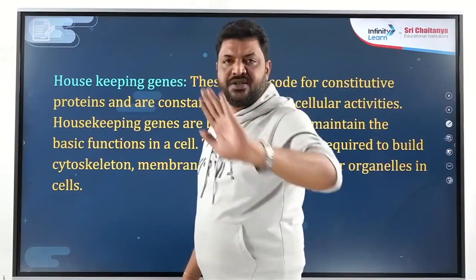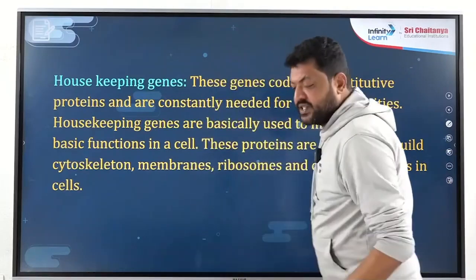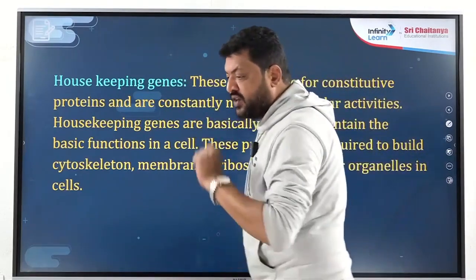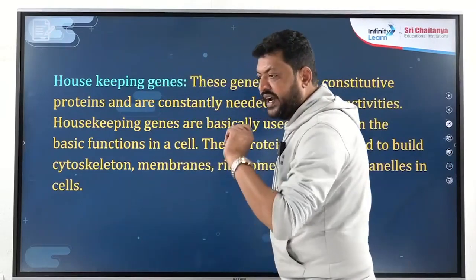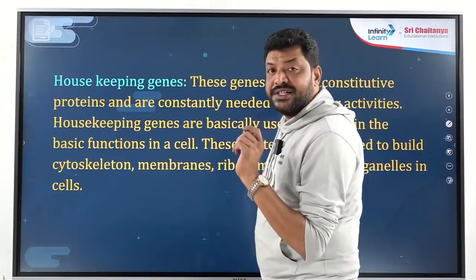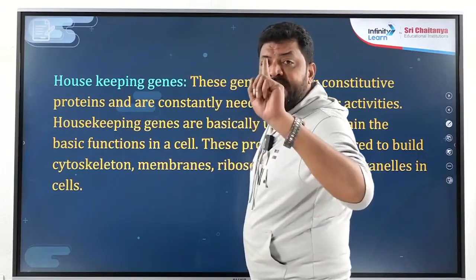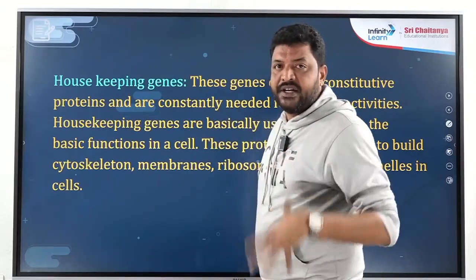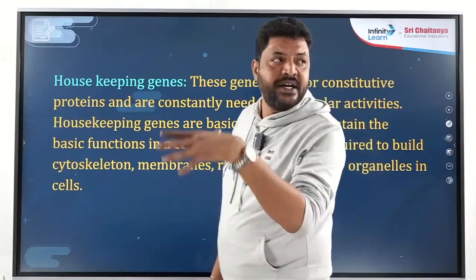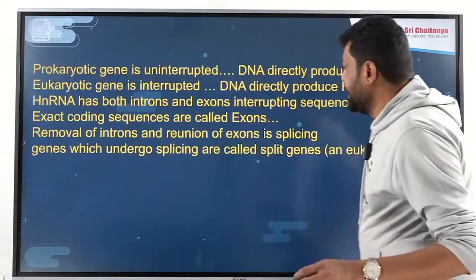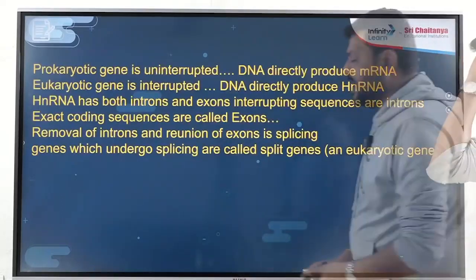Housekeeping gene means a continuously expressing gene. Structural gene means that it requires regulation, that has to be switched off and switched on. And the structural gene expression is also, I am telling you, tissue specific. In certain tissue that gene will express, in certain tissue that gene will not express. Okay, done. You found the difference between structural genes and housekeeping genes.